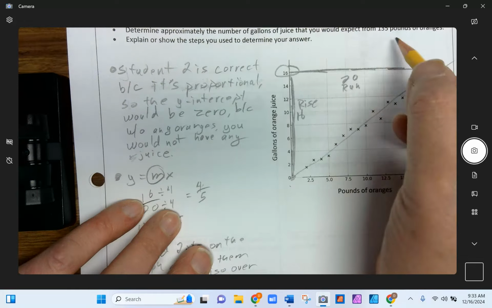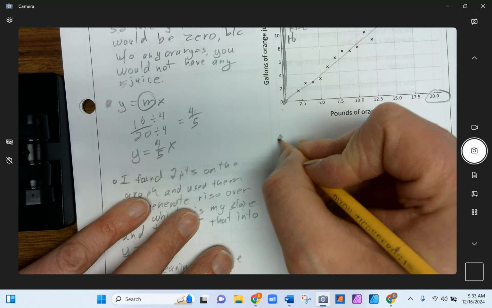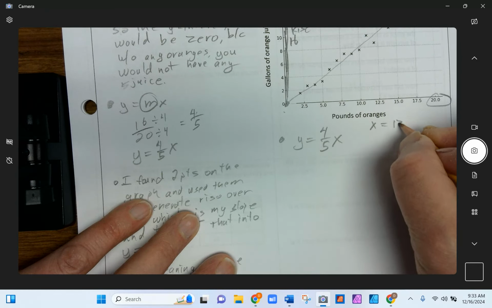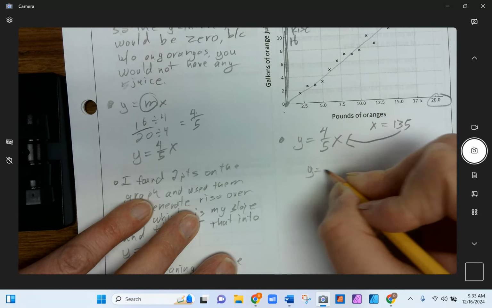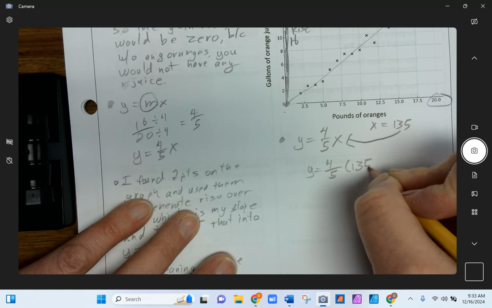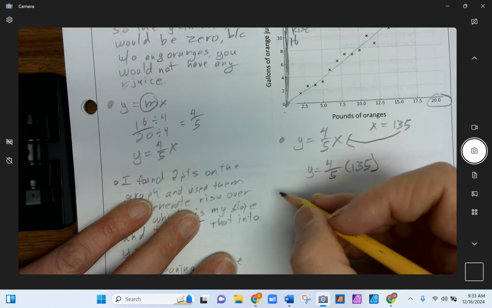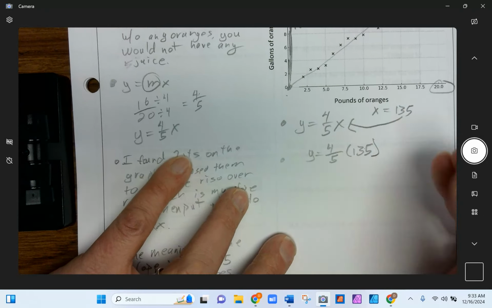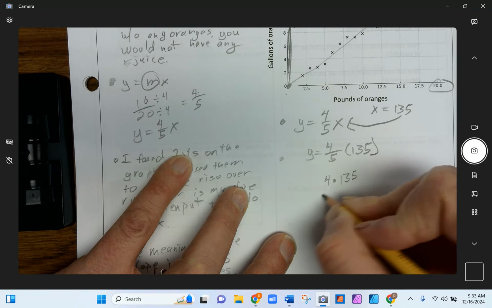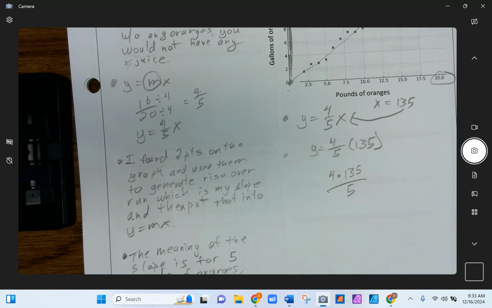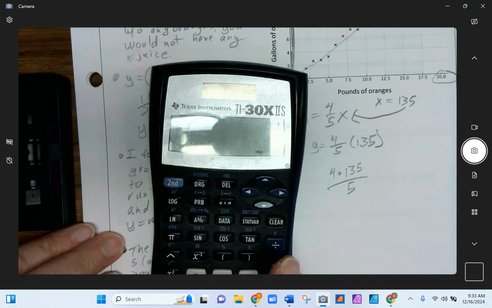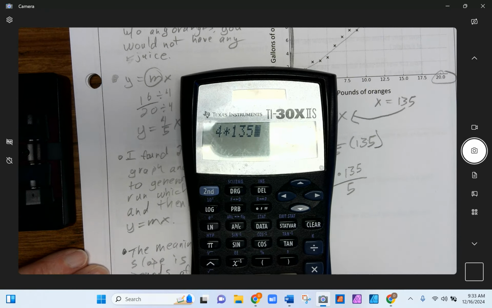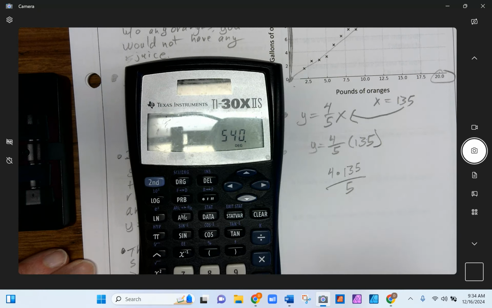Determine approximately the number of gallons of juice you would expect from 135 pounds of oranges. So our equation is y equals 4/5 x. We have an x value of 135, so y equals 4/5 times 135. So we're going to get 4 times 135 on top, and we'll divide by 5. 4 times 135 gets us to 540.